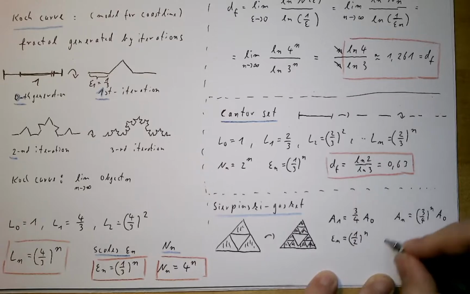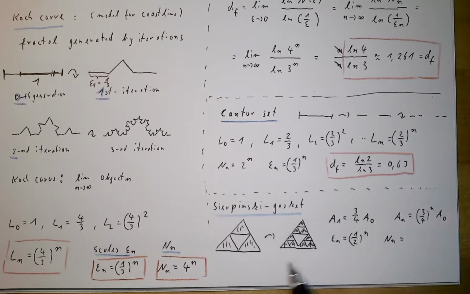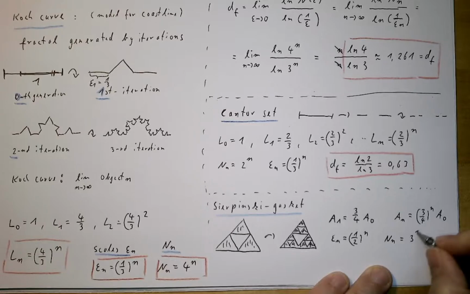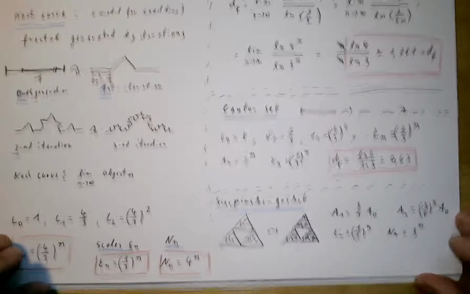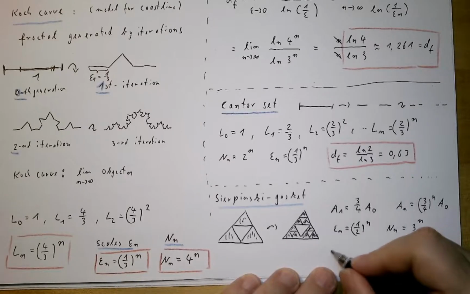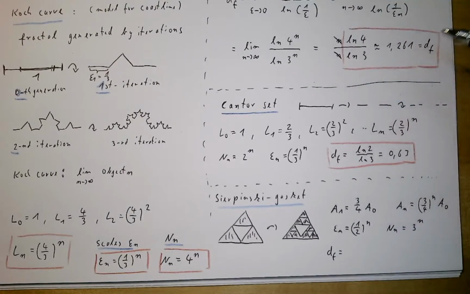And for the number of objects to cover the whole thing, now we need 3 of these objects, so it goes with 3 to the power of n. And then we can calculate the fractal dimension of the Sierpinski gasket. We do again the same analysis as before.